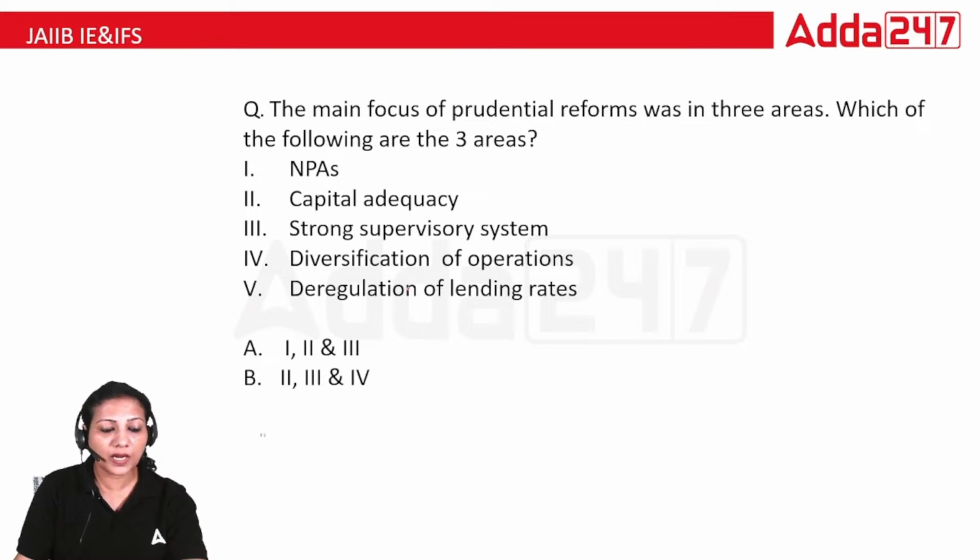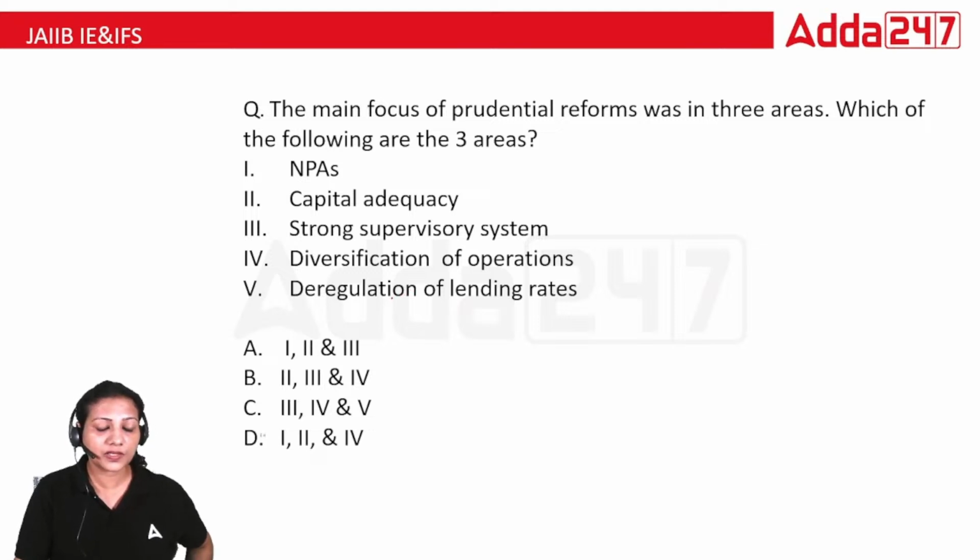Options are A, 1, 2, and 3, which is NPA, capital adequacy, strong supervisory system; B, 2, 3, and 4, capital adequacy, strong supervisory system, diversification of operations; C, 3, 4, and 5, strong supervisory system, diversification of operations, deregulation of lending rates; or D, NPAs, capital adequacy, and diversification of operations. So what will be the right answer for this particular question?